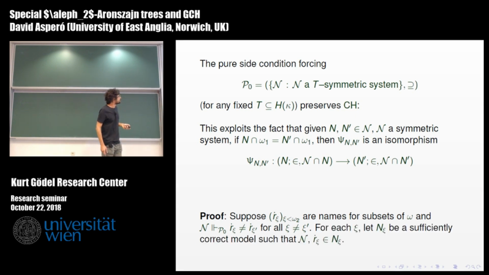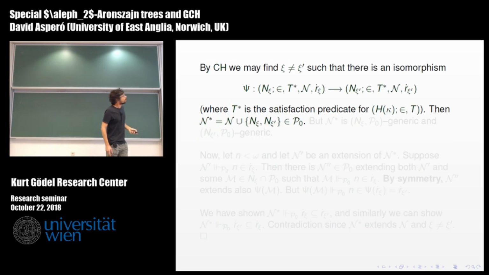Now, for each xi, you fix some n xi, some sufficiently correct model that contains the condition and the xi name. Fine. Now, by CH, I can find two indices so that the corresponding models are isomorphic.